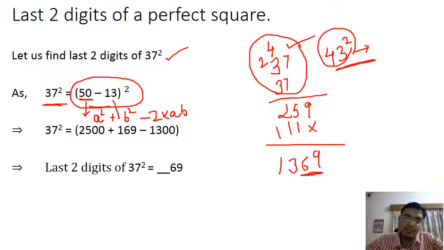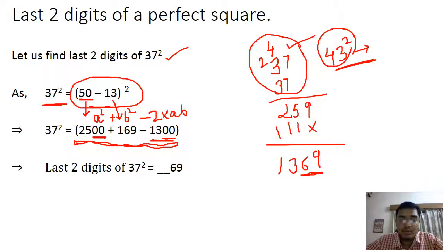Similarly, b square would be 169, and minus 2ab is minus 2 into 13 into 50, that becomes minus 1300. Now if you see this mathematical statement, we find the last two digits of 2500 are 0, and the last two digits of 1300 are 0.